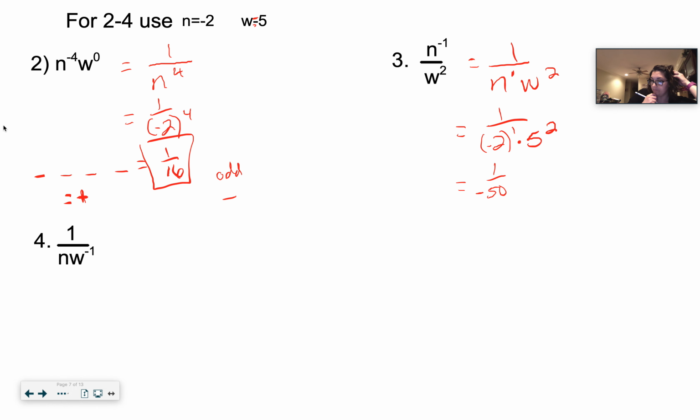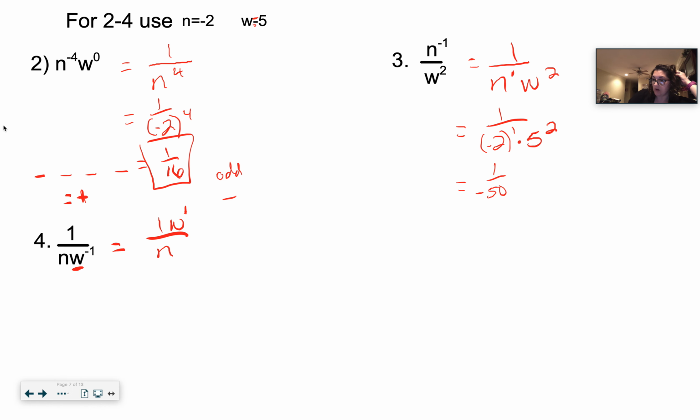All right. Number 4. Notice I have a negative exponent, but my negative exponent is only to the W. Okay. So everything stays the same except for the W. The W is the only one with the negative exponent, so it's going to go to the top. And my exponent becomes a positive when I flip it. Okay? So now, do I really need that 1 anymore?